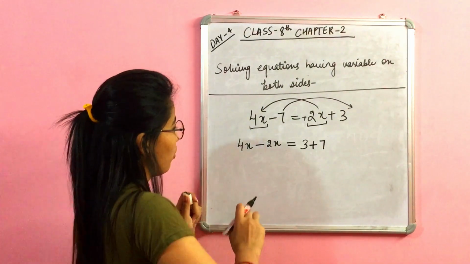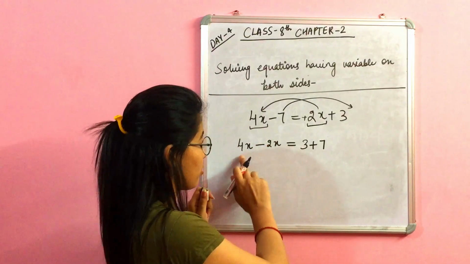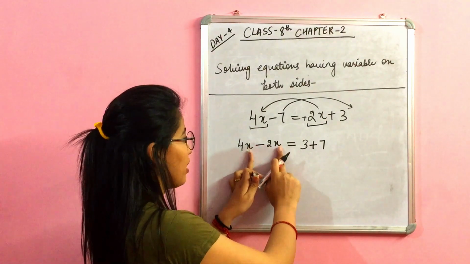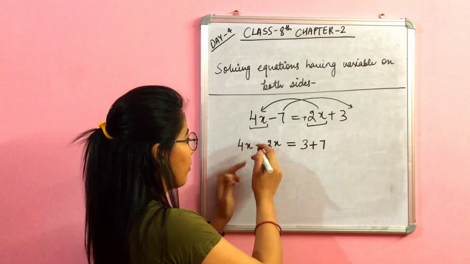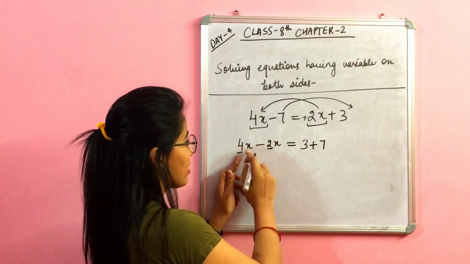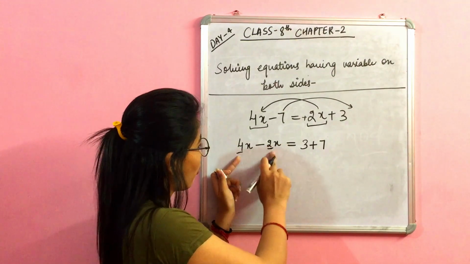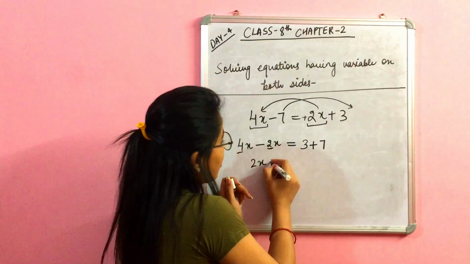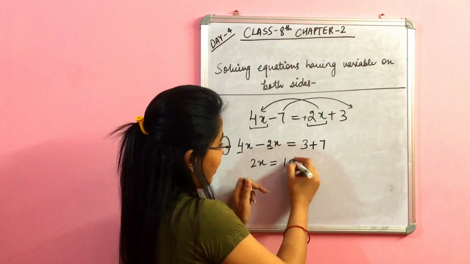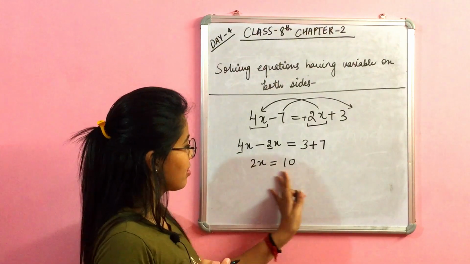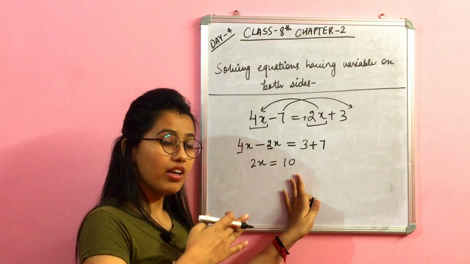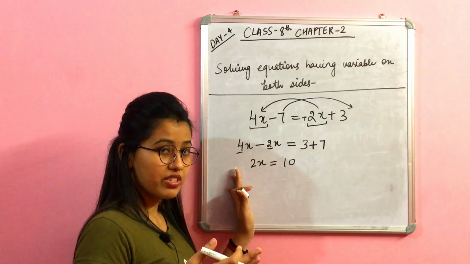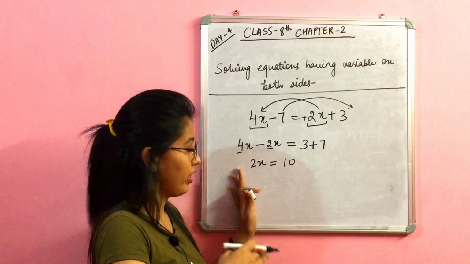Now I will subtract 4x minus 2x. The variable term is the same, x, so we will subtract the coefficients. This is 4 minus 2, so 2, and we write the variable as it is, equal to 7 plus 3, which is 10. Now you can see that this is the same type of equation which we studied earlier, with one variable on one side of the equation.